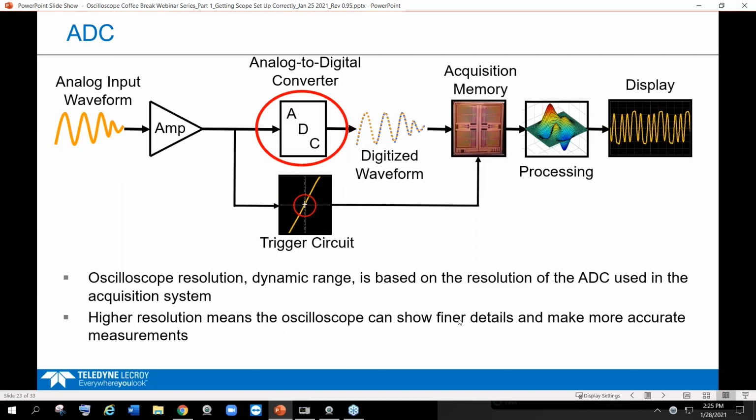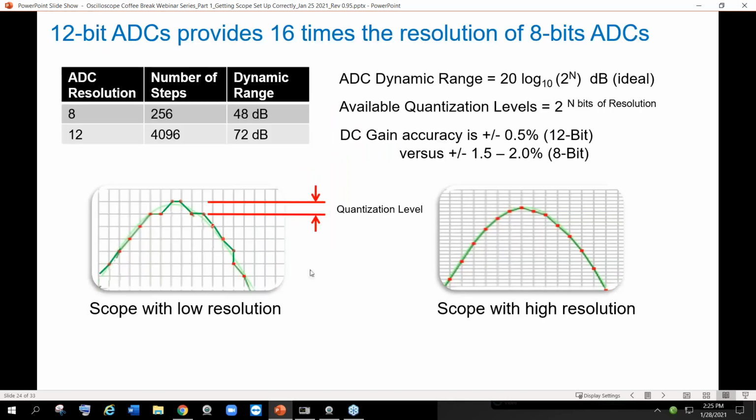So this will show the details. I kind of played with this before I started this presentation today. Let me show you this. If we have an 8-bit scope and a 12-bit scope as a comparison, 2 to the 8th means that when you sample a waveform, you have 256 choices, or you have 4,000 choices, depending on your ADC. And therefore, there's also a dynamic range listed here, and I think of this too as equating to the frequency noise floor of the FFT.